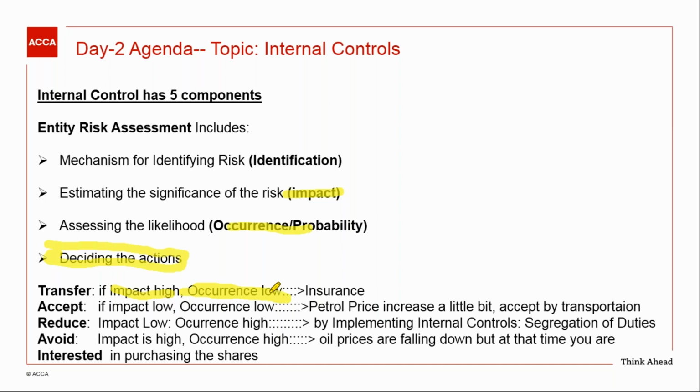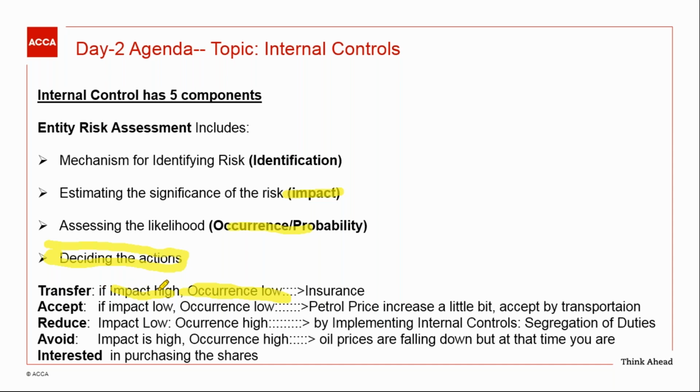If I give you the example, the fire in the building: their occurrence is very low, but if that risk takes place, then the impact is too high. Fire will damage each and everything of your building.